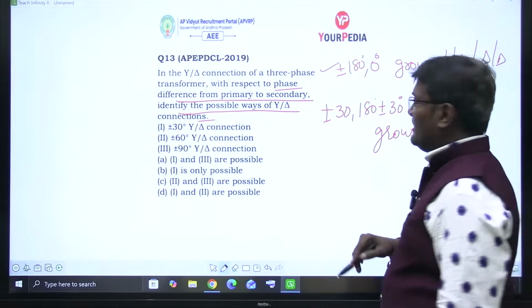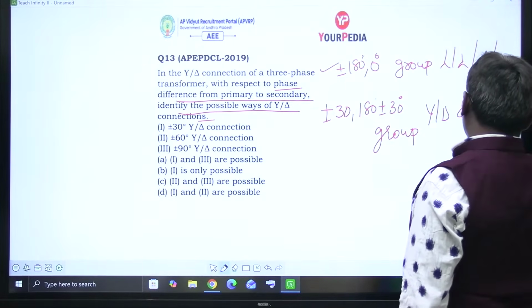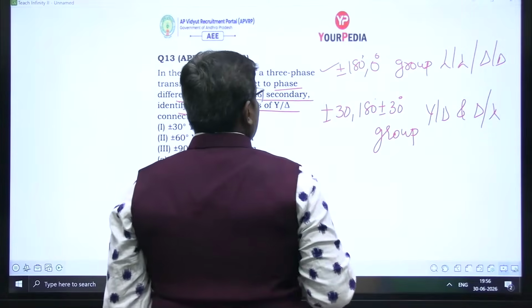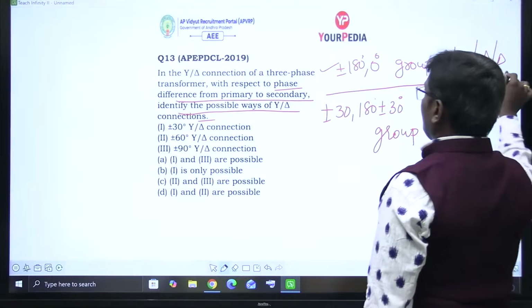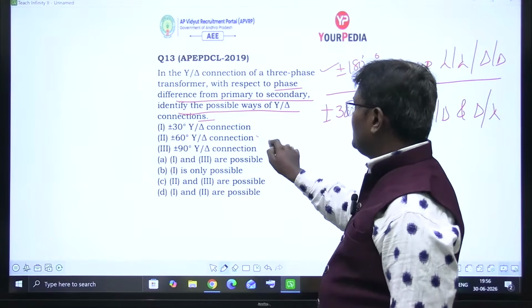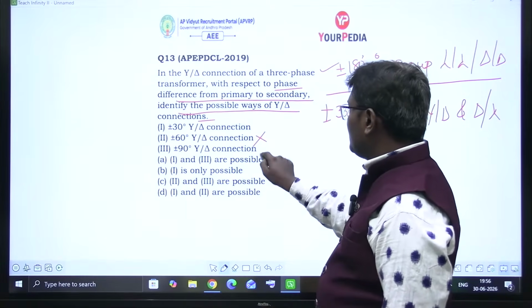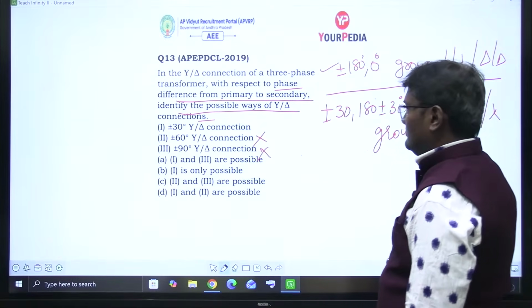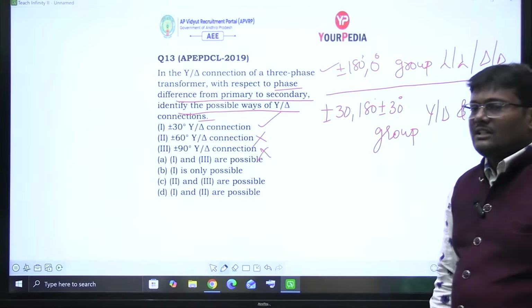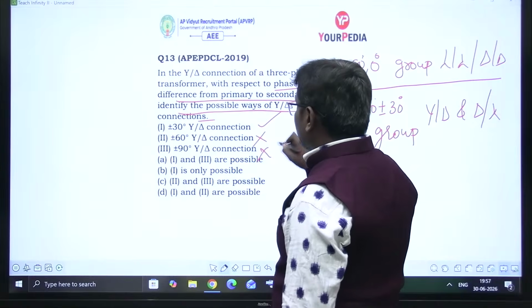And here star by delta and delta by star. Plus or minus 60 is not there. Plus or minus 90 is also not there. Only plus or minus 30 degrees is possible with the star by delta connection.